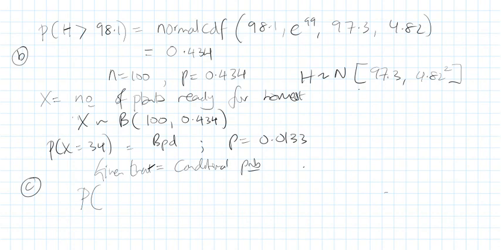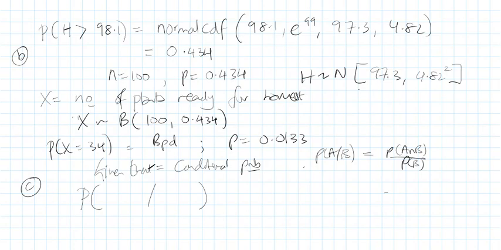Conditional probability is the probability of A given B, which is A intersection B over P of B. That's the theory behind conditional probability.